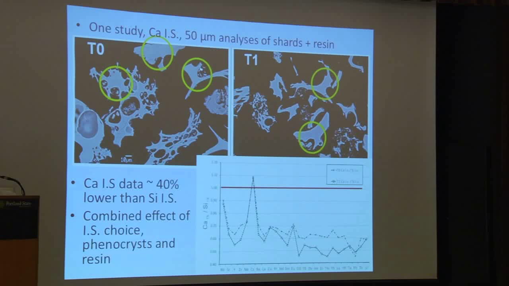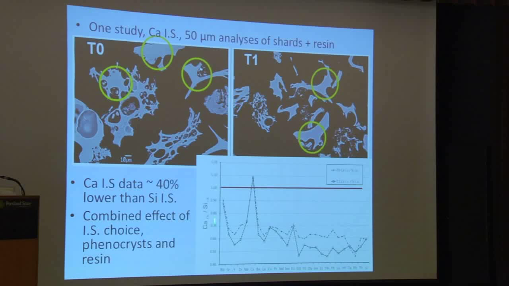There was one study, this is the rather contentious thing that vexed me a lot over Christmas this year, was some data that was run by 2 labs, mine and another one, on the same samples. And these guys used 50 micron craters and calcium as an internal standard to analyze their glass shards. We use silicon as an internal standard and 20 micron craters. Okay?